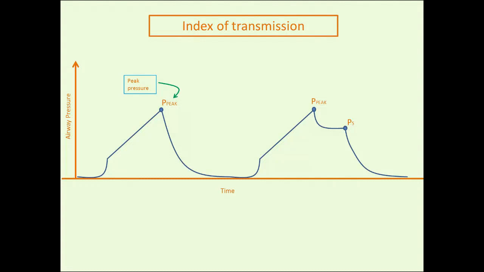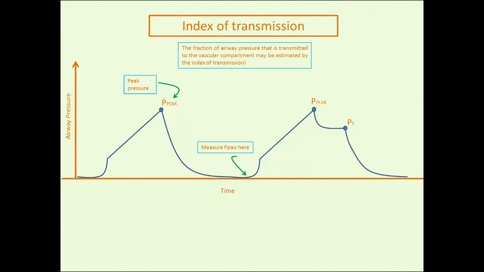Well, this is a pressure waveform that I stole from Chapter 1, and for review of the peak and plateau pressures, I suggest you go back to Chapter 1. But you can estimate the fraction of this airway pressure that's transmitted to the vascular compartment via this index of transmission. So how do you do that?